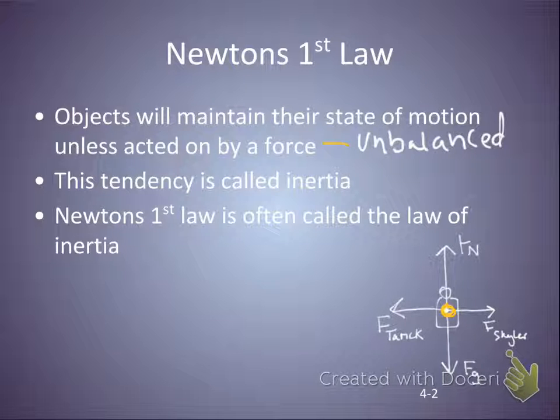You're all familiar with it from that perspective. The Newton's cradle, the little balls on the Newton's cradle. What force did we say is slowing them down? Gravity and friction. And if there was no friction, the gravitational force would actually end up balanced by the force of tension on the strings.